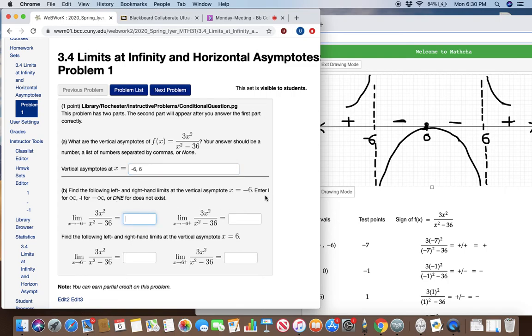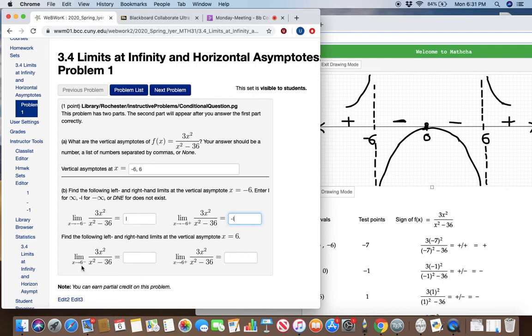To write positive infinity, I need to write ∞. Likewise, if I'm going to negative 6 from the right hand side, I go down. Approaching negative 6 from the right, my curve starts going down.